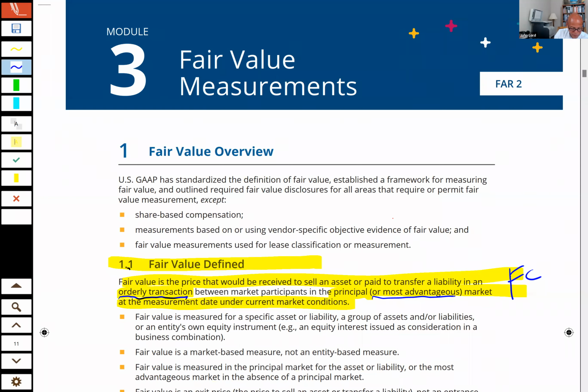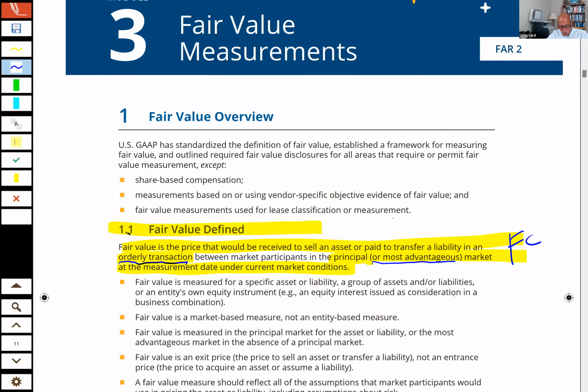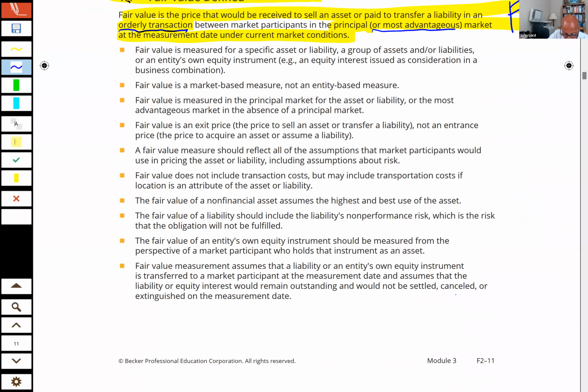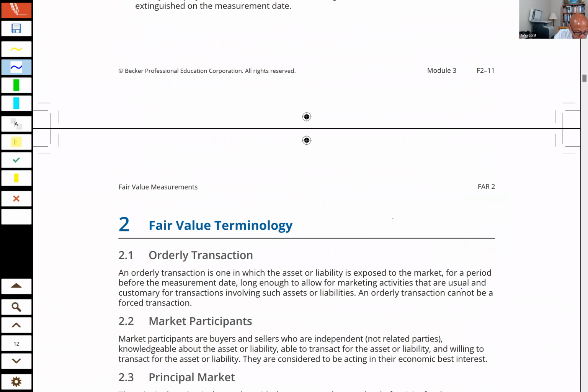Don't worry if you're unsure right now. We're going to look at some nice examples they have here, and we'll be in good shape. Okay, but orderly transaction, and we look to the principal or most advantageous market. Okay, flashcard that. Now when we talk about an orderly transaction, they tell us it is a transaction with a period long enough to allow for marketing activities that are usual and customary.